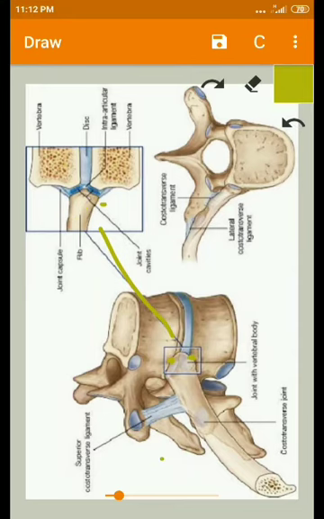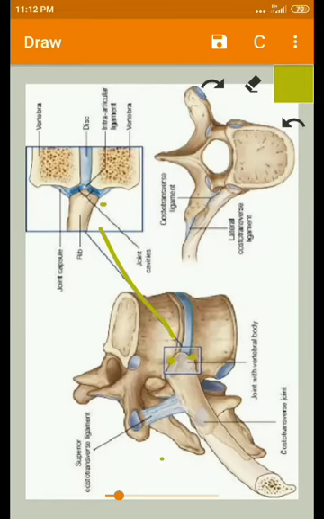Okay, and a ridge is present in between the two facets, isn't it? So that ridge is attached with the intervertebral disc present in between the two vertebral bodies. Okay, so this is the formation of a joint here.